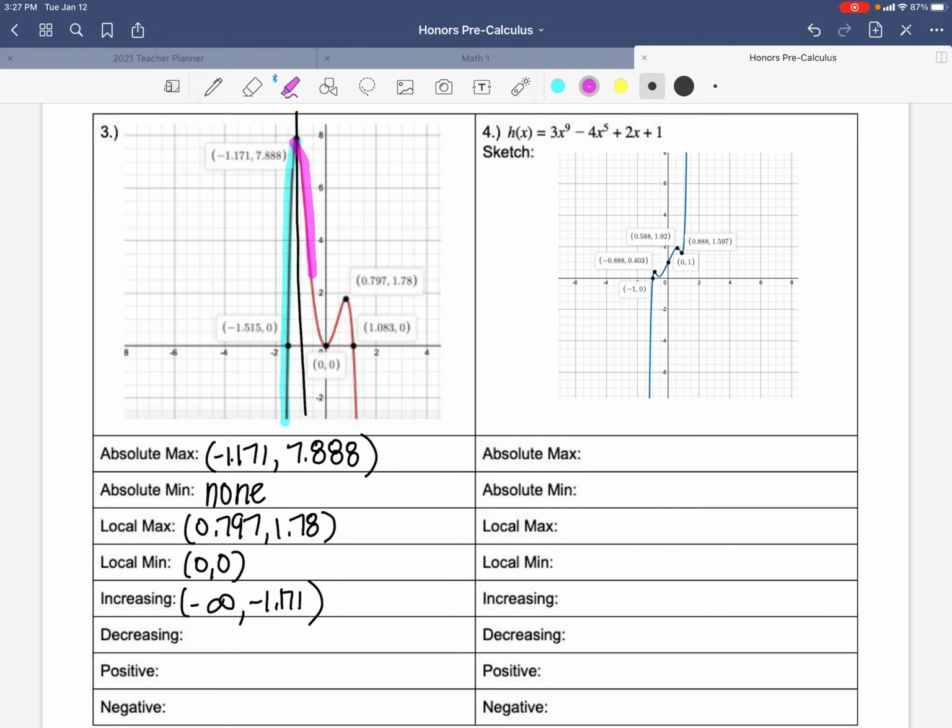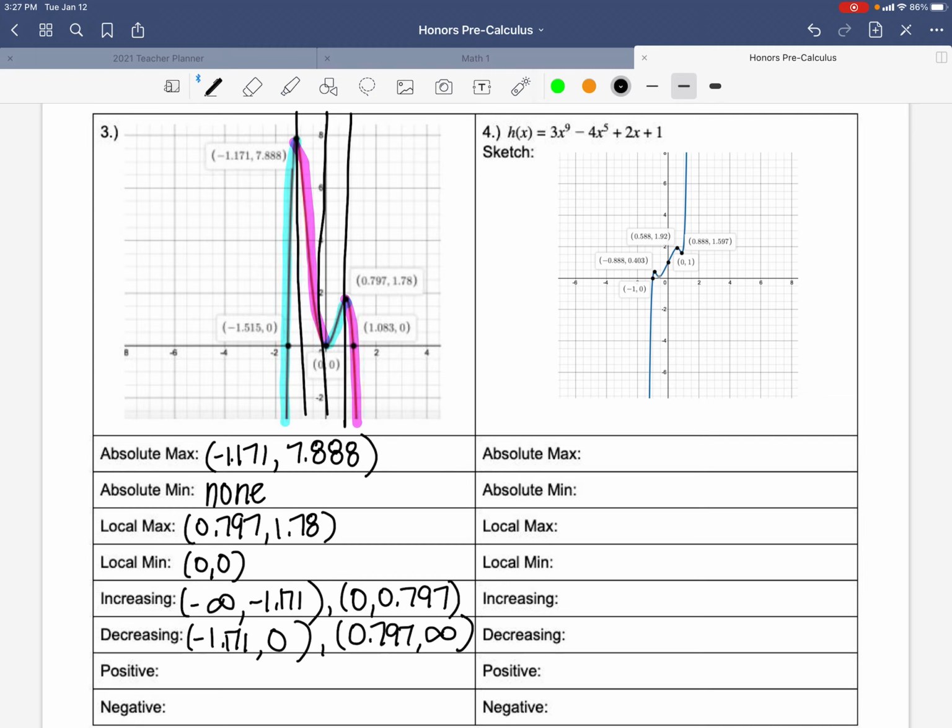Then we're going to decrease from that maximum to that minimum, and that's going to be from negative 1.171 until 0, increasing again from 0 to the next maximum, which is 0.797, and then we're going to decrease once again, and we're going to decrease to infinity on that one. So we're going to decrease from 0.797 to infinity. Again, always using the x values that coordinate with those points.